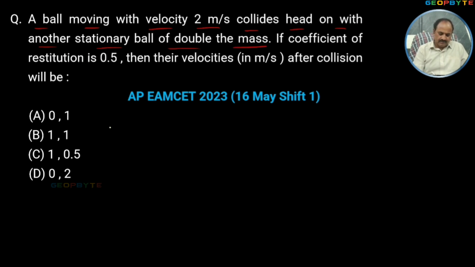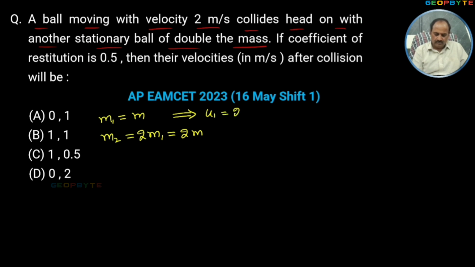For that, let us take m1 equal to m and m2 equal to 2m1, that is equal to 2m, and the initial velocity of the first ball, u1, equal to 2 meter per second, and the second ball is at stationary condition, u2 equal to 0.